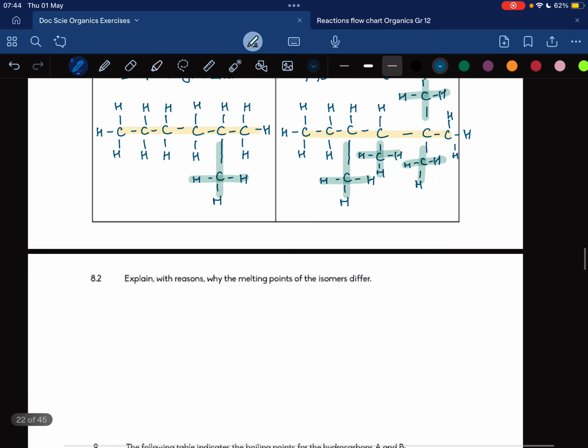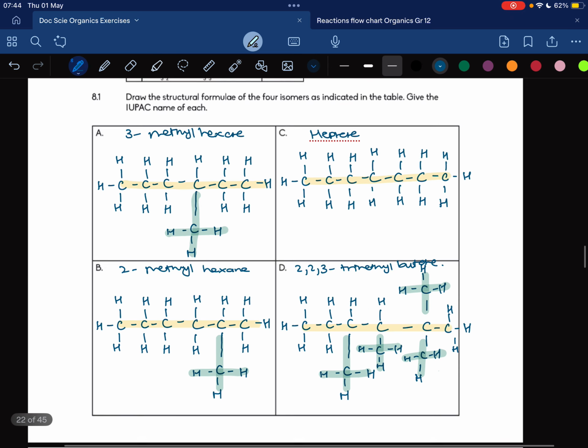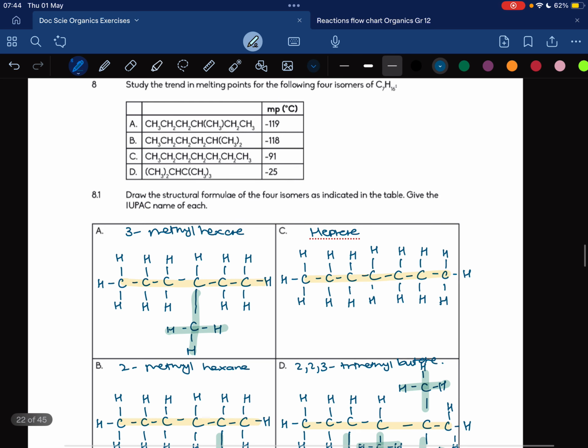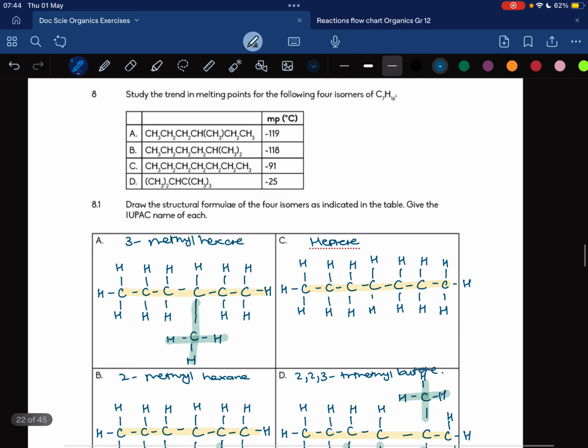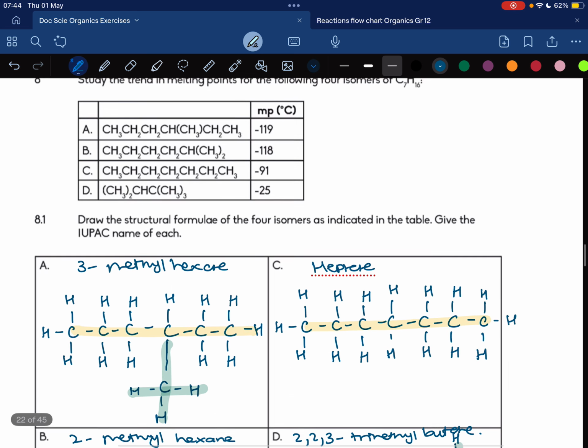It says explain the reasons why the melting points of the isomers differ so much. One thing that you would have noticed is that the one that has the highest melting point is D, and the one that has the lowest melting point is between A and B. But if you look, A and B are almost identical, and I hope that you can see exactly why.